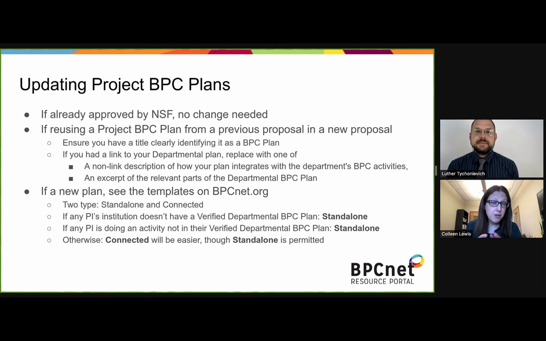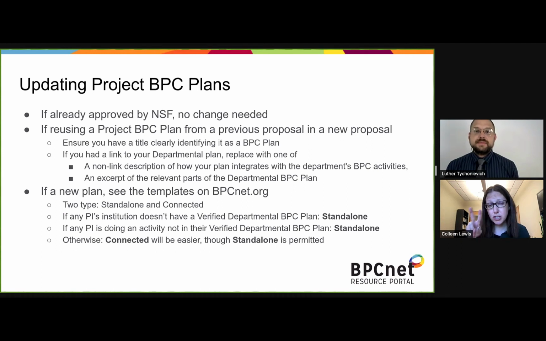So if you previously linked to it, you can use a non-linked descriptor of how your plan integrates into your department BPC plan activities, or even just copy and paste some relevant excerpts from your departmental BPC plan, and you can include that in a standalone project BPC plan. If you're submitting a new plan, we have templates available online.